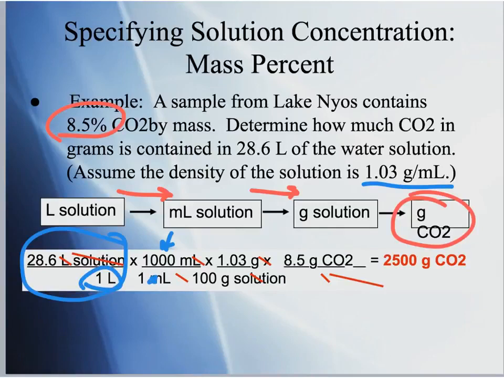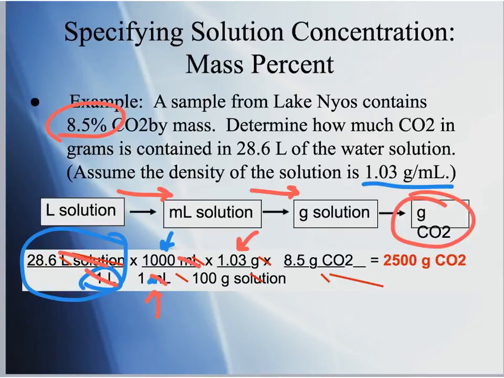So you're going to get rid of liters of solution by converting it to milliliters. And now once we have the milliliters of solution, we can use the density to convert milliliters to grams. So we'll have 1.03 grams on top and 1 milliliter on the bottom. And that's going to cancel out the milliliters and milliliters. So now we're in grams of solution.